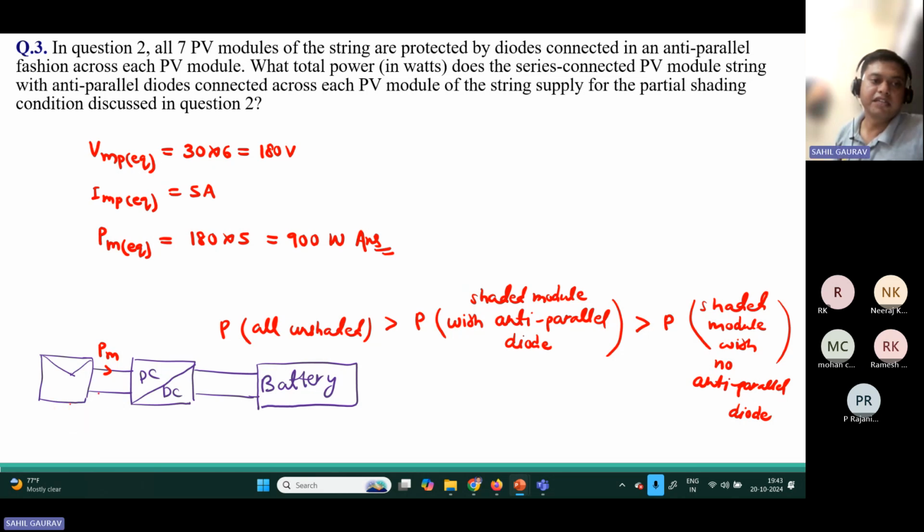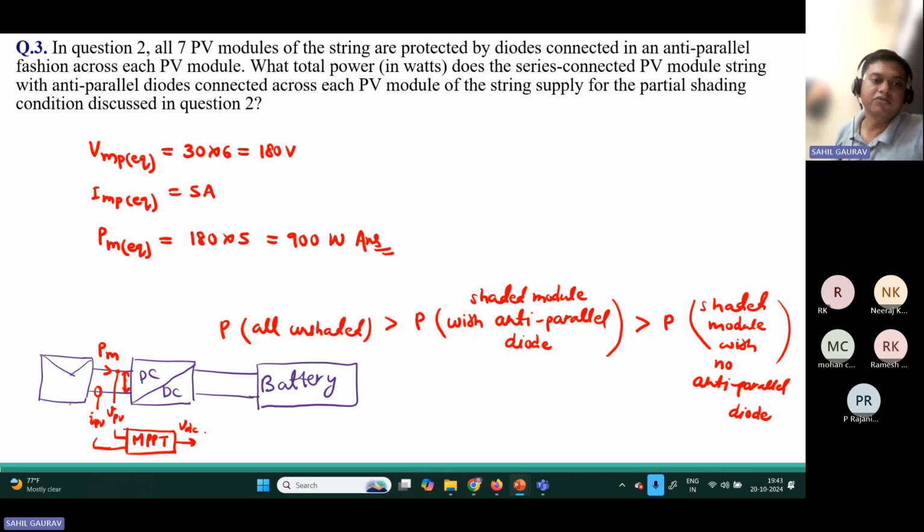For this, we will take this EPV and IPV, and it will pass through the MPPT algorithm that will set the VDC voltage across this PV.